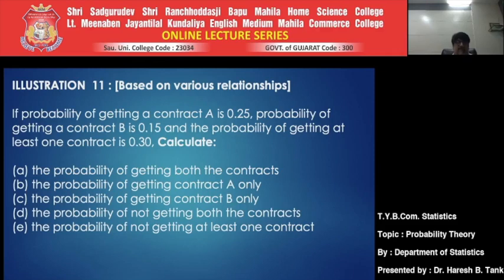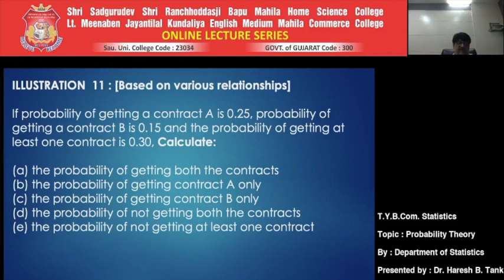Next is the probability of not getting both the contracts. Not getting means it is complement. Both means it is intersection. So A complement intersection B complement, the probability of this event is required. Fine enough.